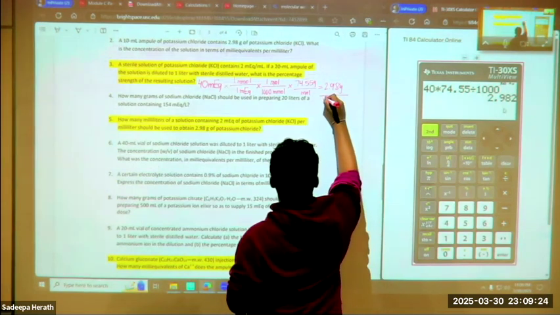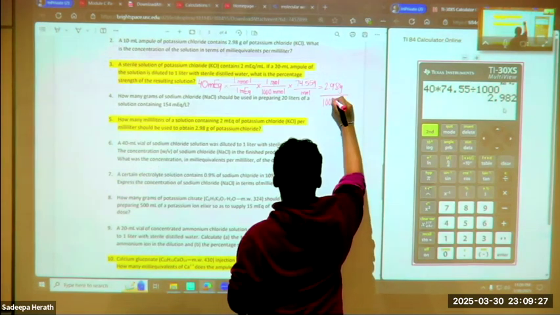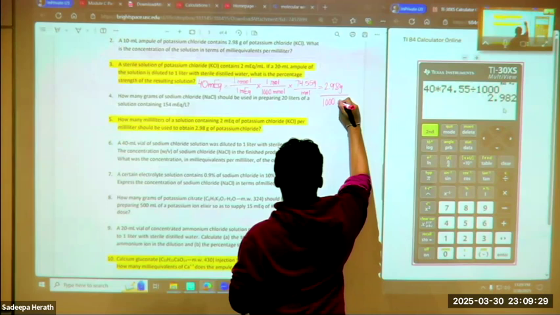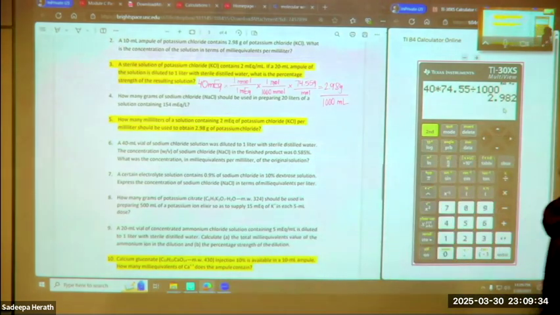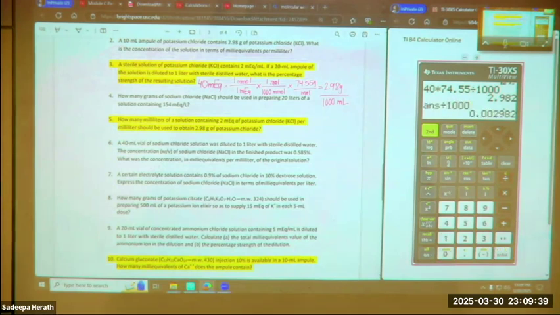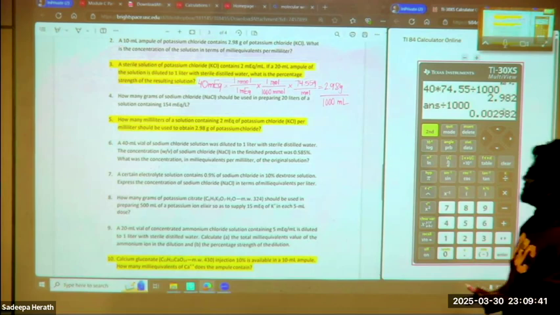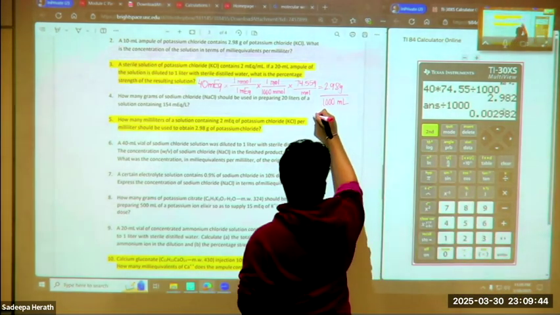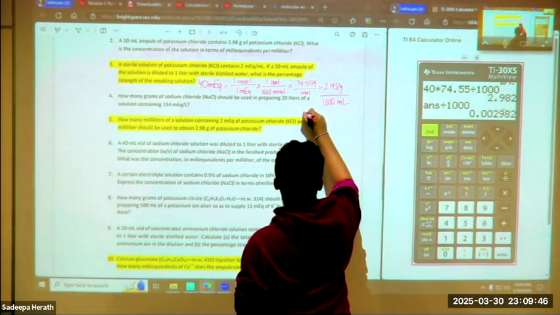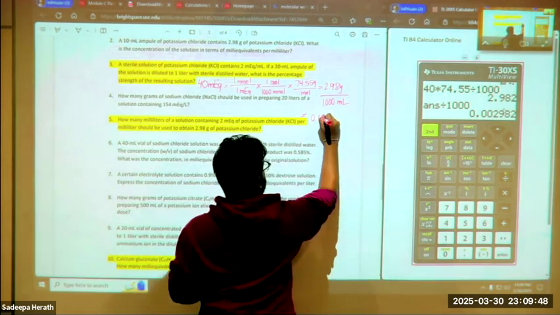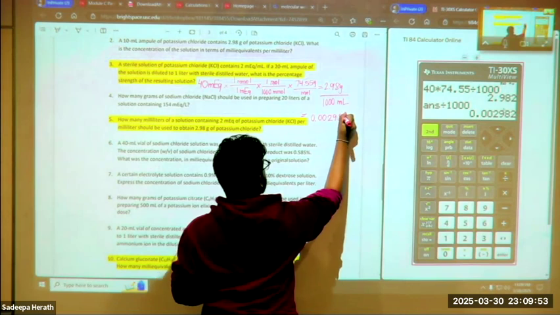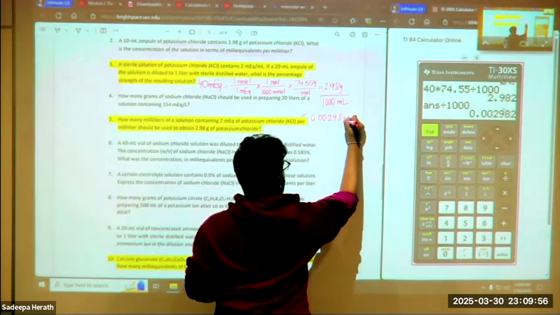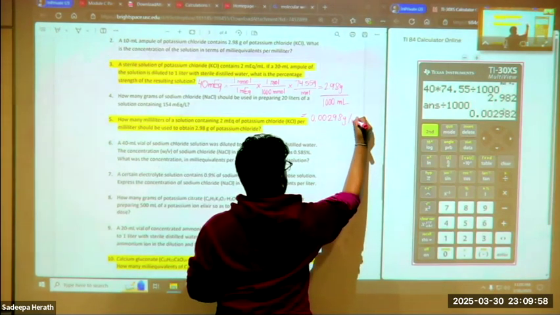So we have to divide that. 2.98 divided by 1,000 equals 0.00298 grams per ml.